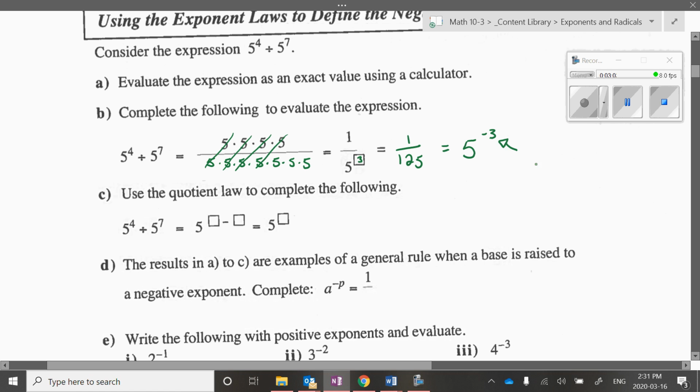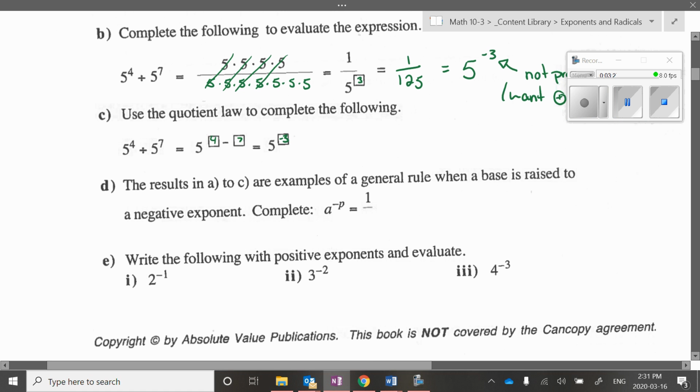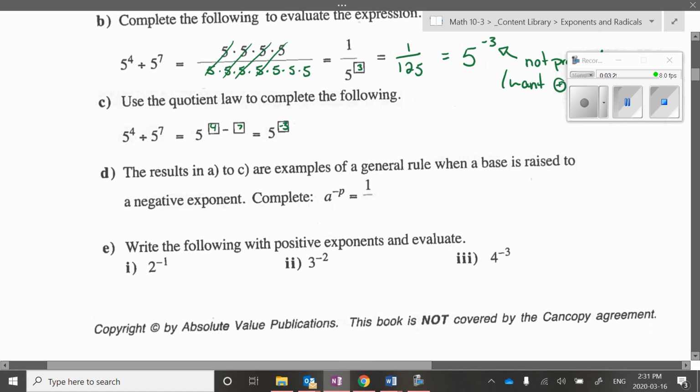But like I said earlier, this is not proper form. We always want positive exponents. I just wanted you guys to know that it would be equivalent. So in this one, we would do 4 minus 7 gives us 5 to the power of negative 3. So comparing that, I then can say a to the power of p right there.